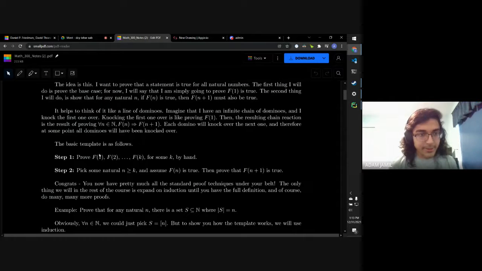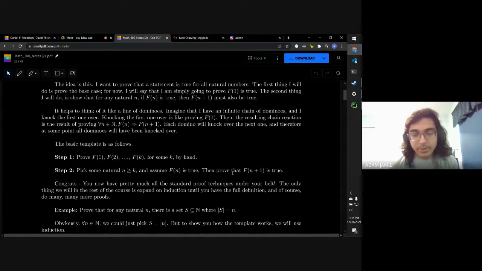So the template is like this. The first step is the base case. We'll prove that the statement is true manually for some k at the beginning. And then the second step is the inductive step. We arbitrarily pick some natural n that's at least k, so we universally instantiate n to be at least k, and we assume that f of n is true.